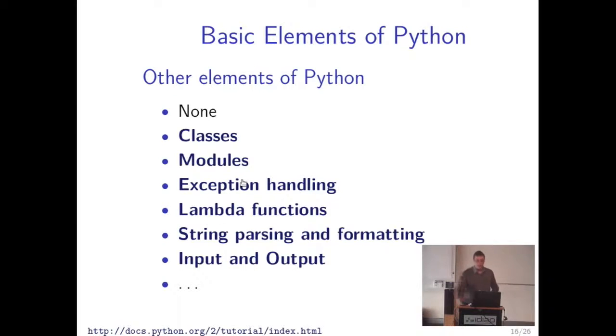There is proper exception handling. You can have lambda functions. There's string parsing and formatting, input, output, and so on. And when you open the PDF document that you might find on your desktop, these are all linked. So it does not show the links, but this will always link you to more information about these.